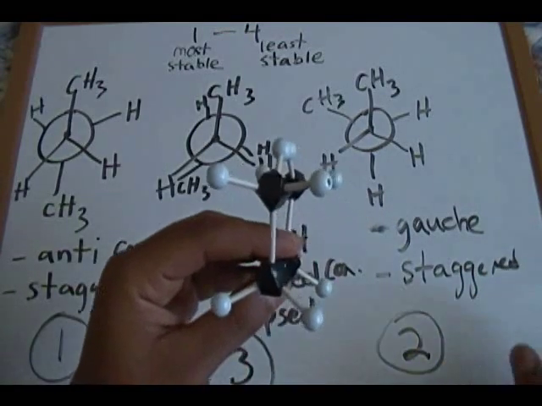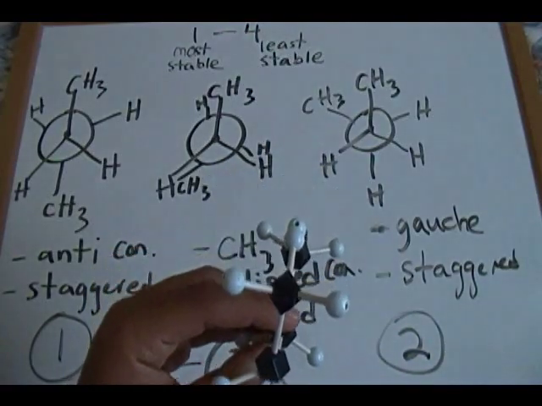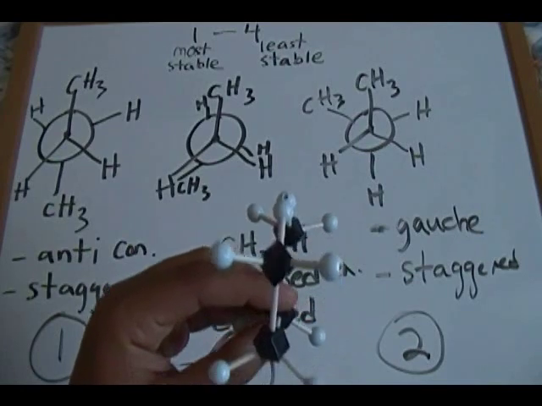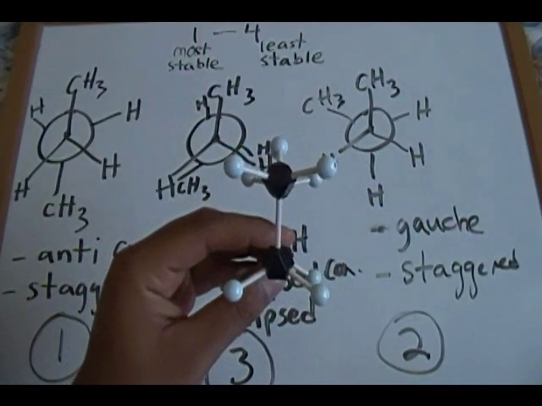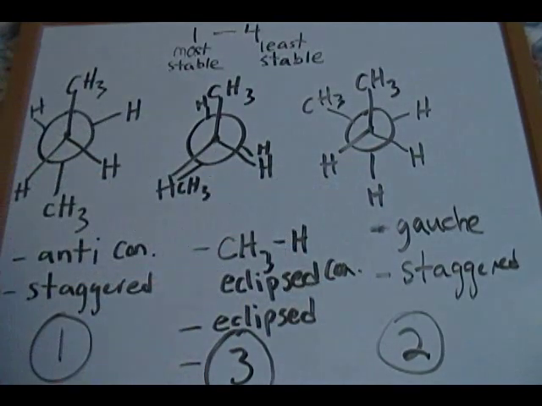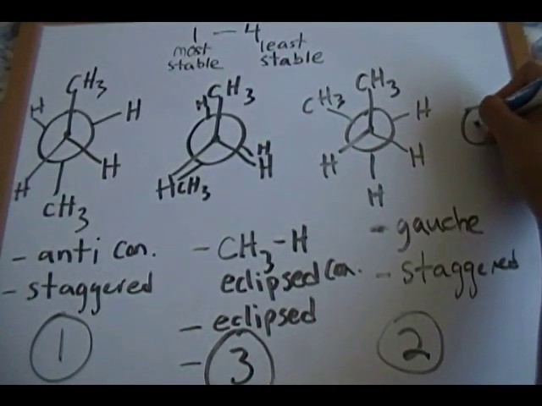So this is our last conformer for butane, and they don't have a really good name for this, so I came up with my own generic name. I would call it either fully eclipsed, or you could call it methyl-methyl eclipse conformation. So let's draw this on the board here. Hopefully I have some room.